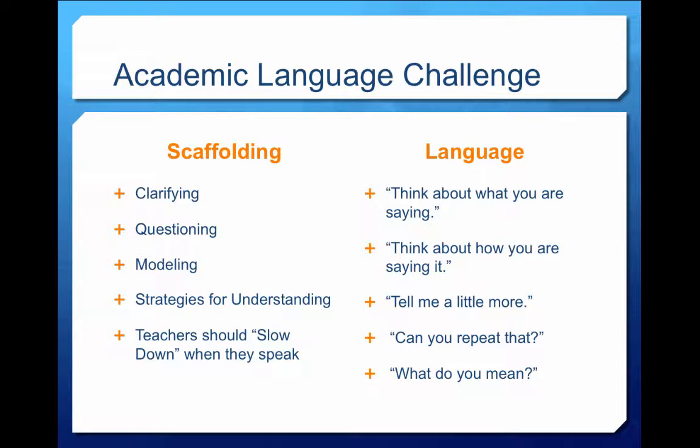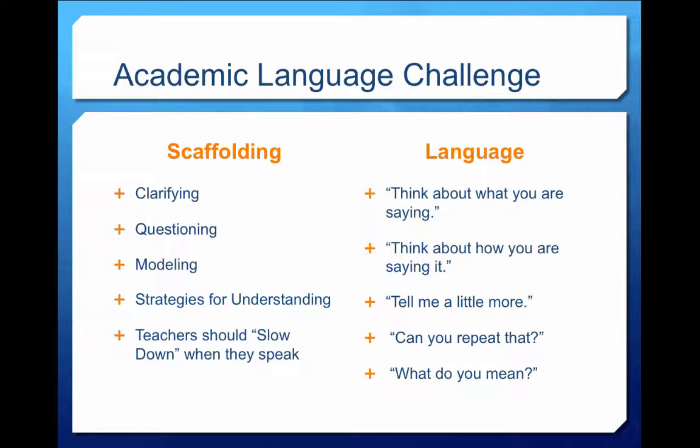Oftentimes mainstream teachers and sometimes even English learner teachers ourselves, we forget that scaffolding can be things that are somewhat mainstream. Things like clarifying and questioning and modeling skills and strategies for understanding. So teachers need to know, especially in the first few stages of language learning, that teachers should slow down when they speak, and they need to clarify things for learners.